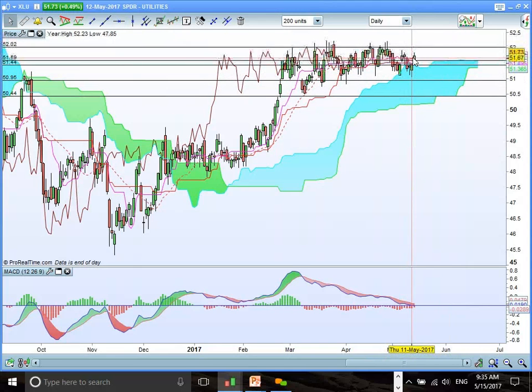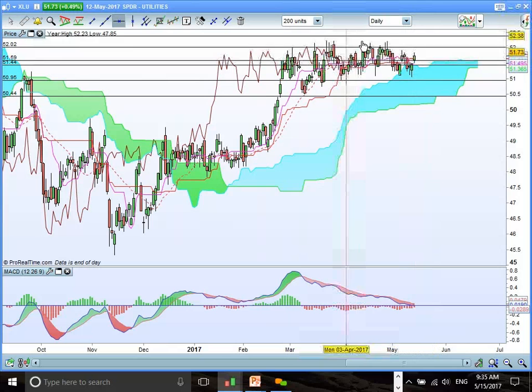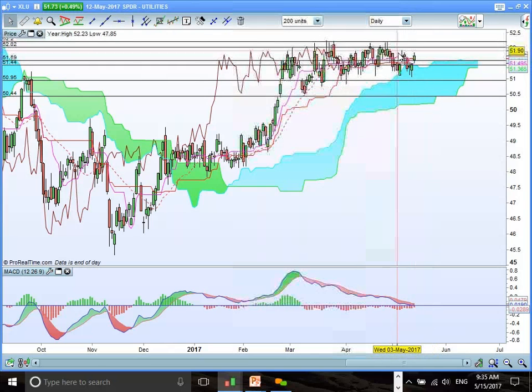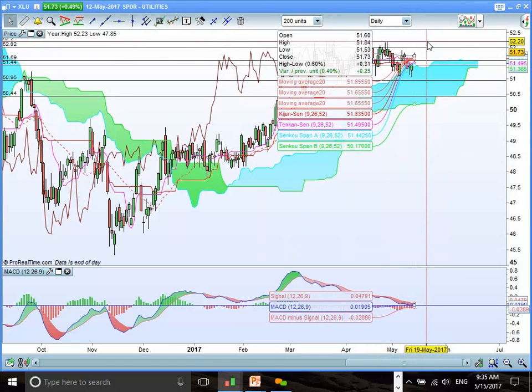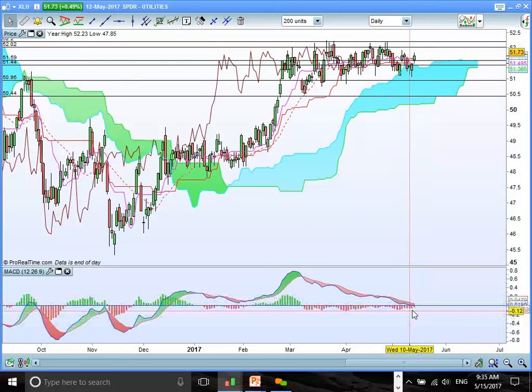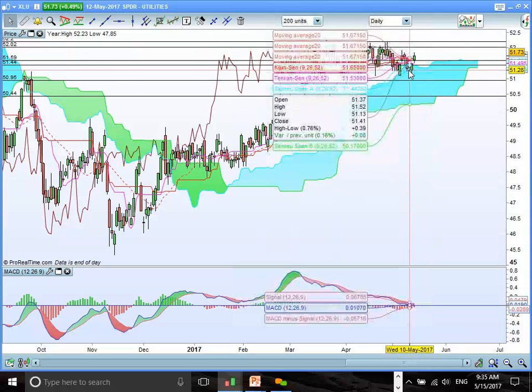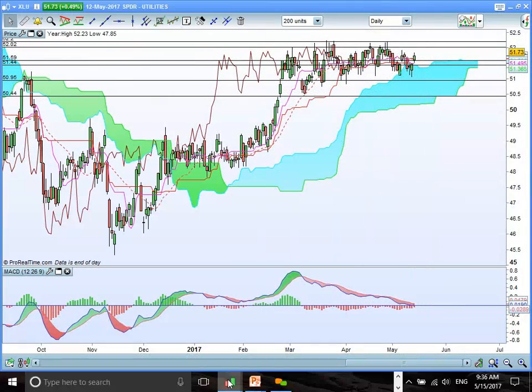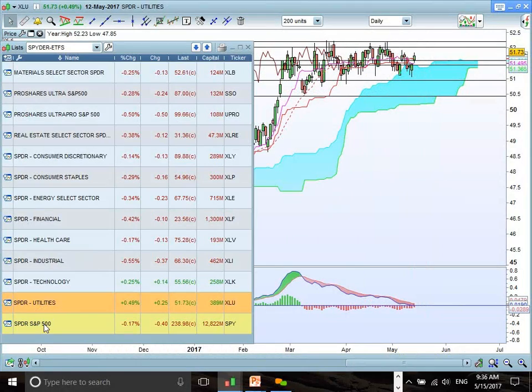If support holds, we're going to go back up to test these old highs to see if we're going to manage to break past these old highs from a cloud chart resistance point of view. Okay, so watching very closely to see if it's going to get to the 52.20 resistance zone. We've not had a MACD buy signal yet, so this is a short-term swing trade within a base, but fairly risky since we've not had the MACD buy signal on that.